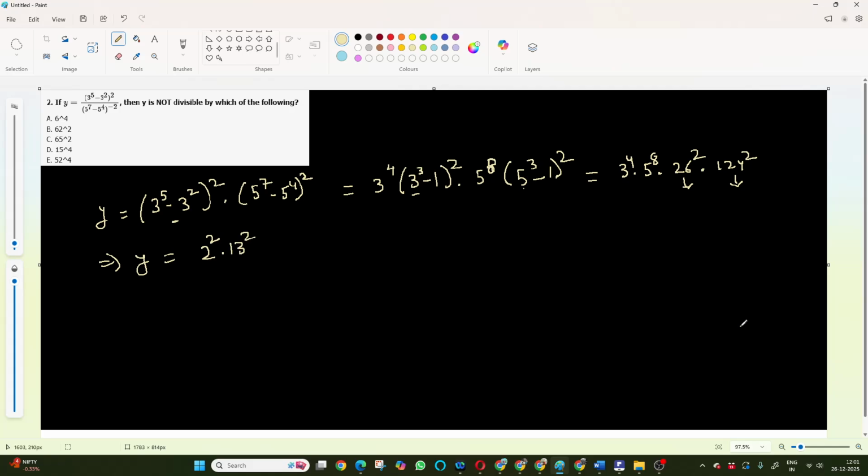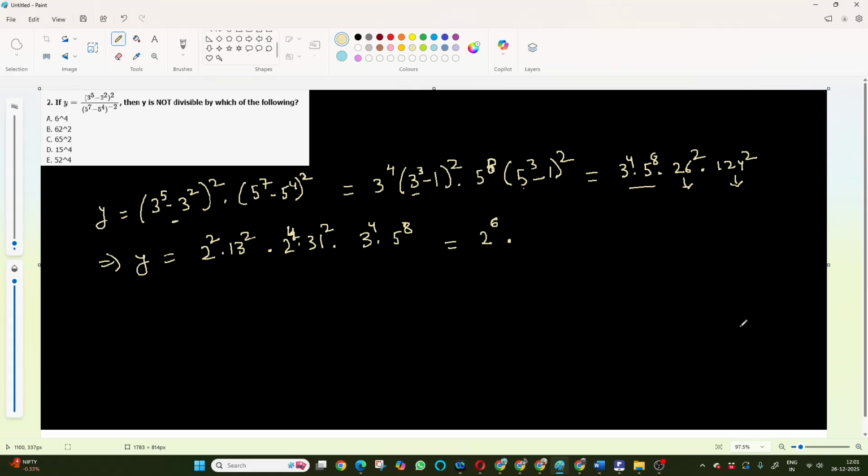And 124 can be factorized as 4 into 31, which is 2 squared into 31, but we have a square over there, so this becomes 31 square and this becomes 2 to the power 4. Multiplied, and then we have 3 to the power 4 and 5 to the power 8 from here, right? Now look at the powers of 2. So this is 2 to the power 2 plus 4, 2 to the power 6.